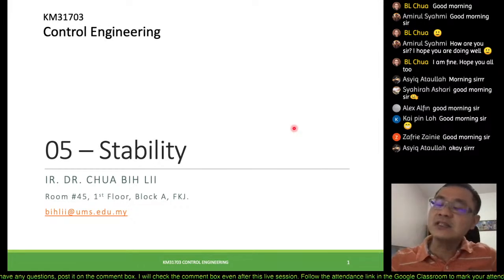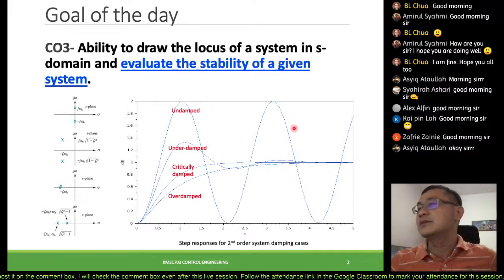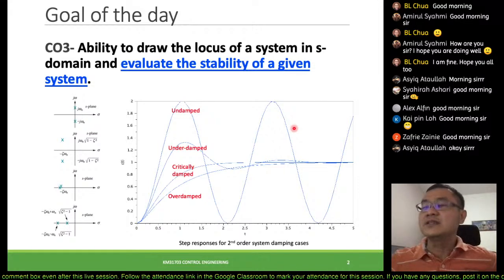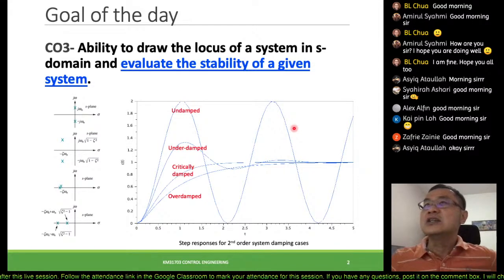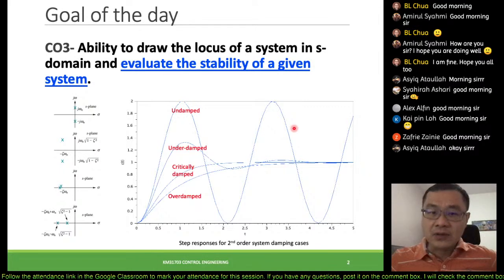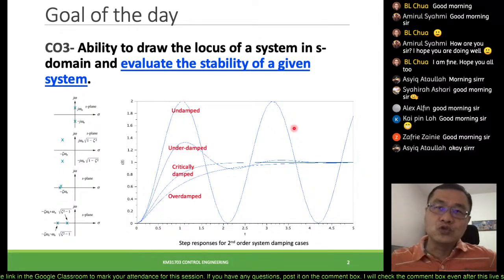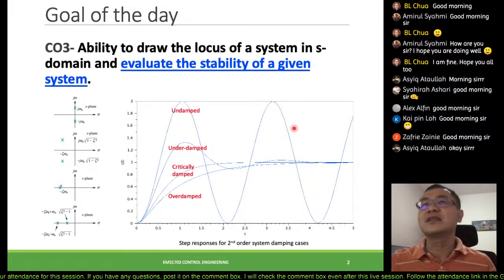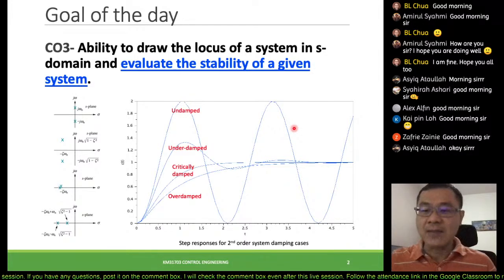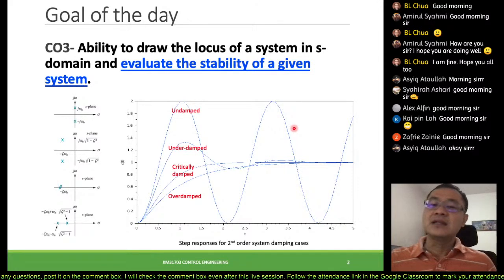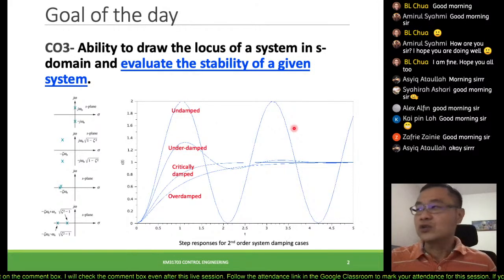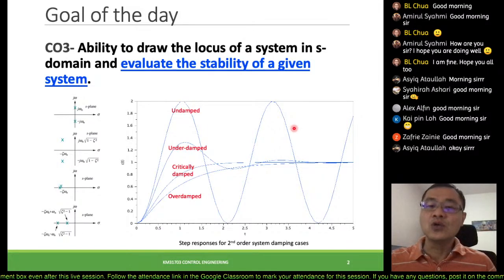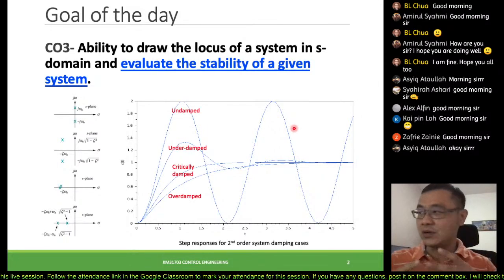So what does it mean by stability of a system? The goal for today is to evaluate the stability of a system, so that if the system is stable, then only will we do the necessary control of it. If the system itself at the beginning is not stable, then we cannot control it. That's why we must first know whether the system is stable or not, right?